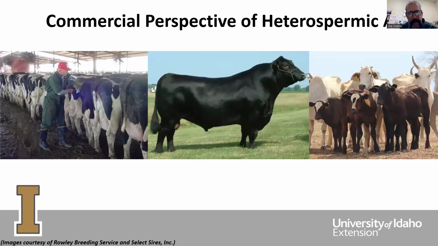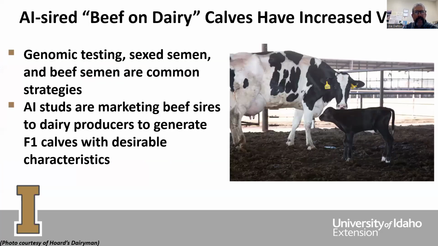Now let's look at the commercial perspective of heterospermic AI. We are in a very unique time in the dairy industry and the beef industry. AI-sired beef-on-dairy calves have markedly increased value compared to a purebred dairy steer, dairy bull calf.